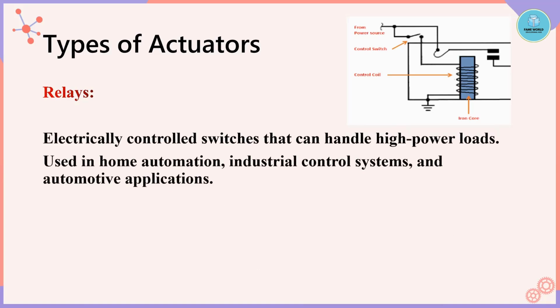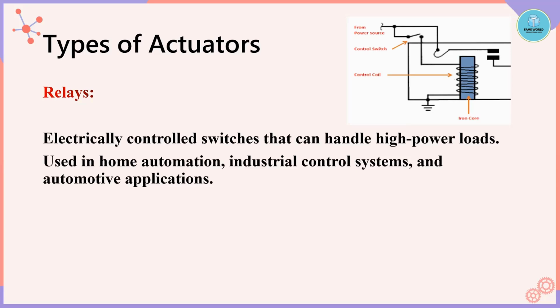In the automotive field, as I said, they are used in cars for switching various systems like headlights and fuel pump. In industrial automation, they control machinery and equipment remotely. In home appliances, they are used in devices such as washing machines or ovens to manage different functions.